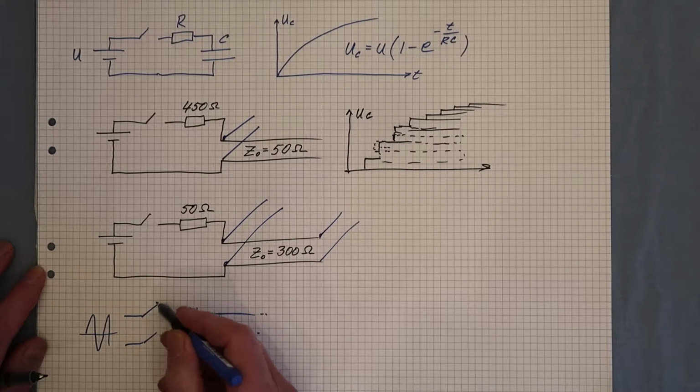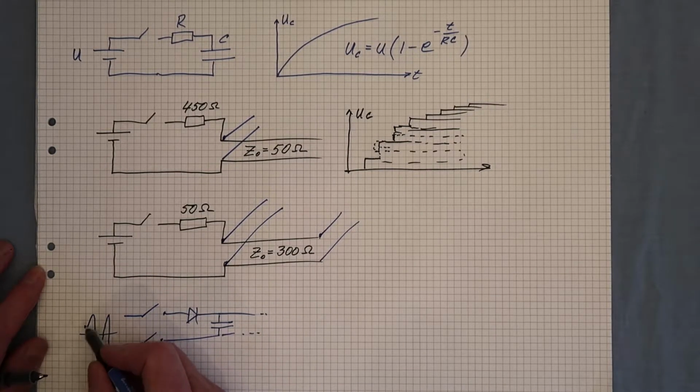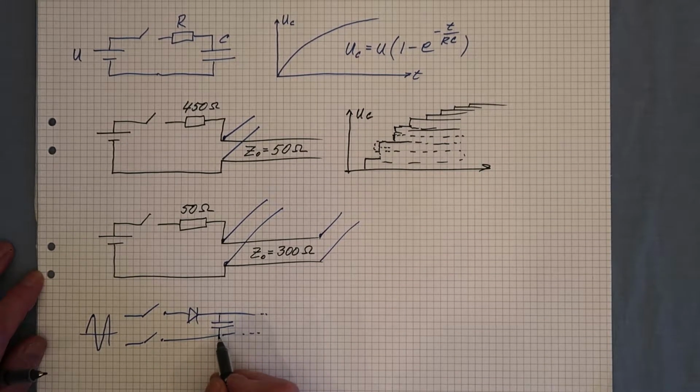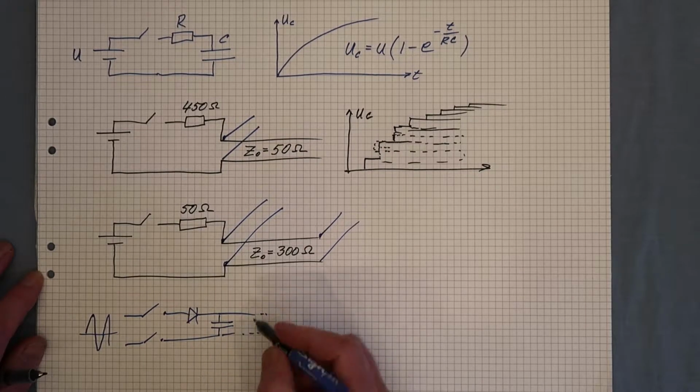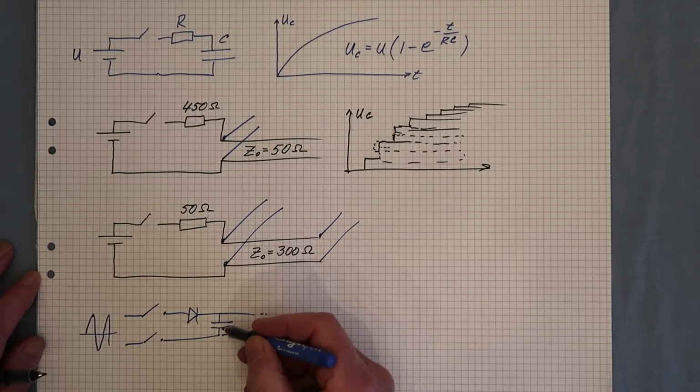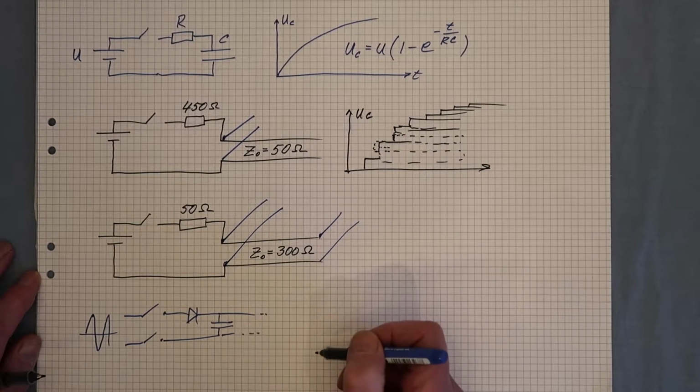And if the switch is closed when the mains voltage is at a top voltage, we will get a very steep voltage step going through this very little resistor, the diode in the forward direction. And then we have a capacitor here. And what will the voltage be between the capacitor plates within the capacitor?